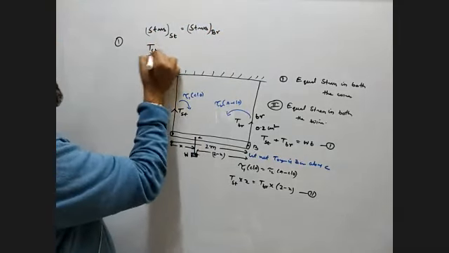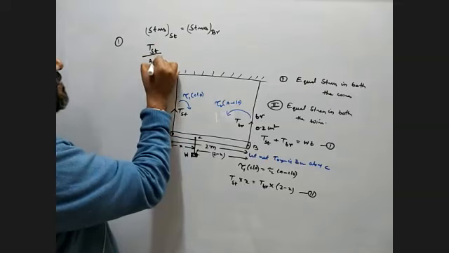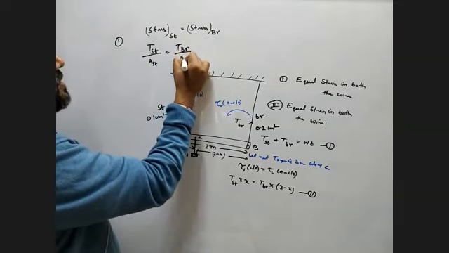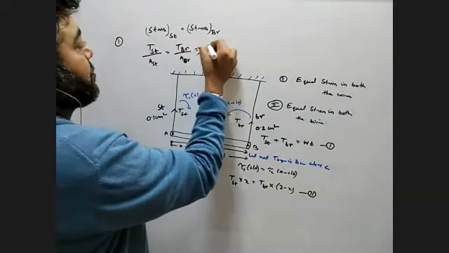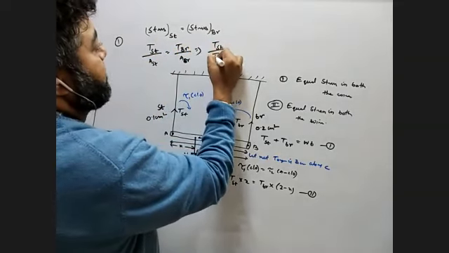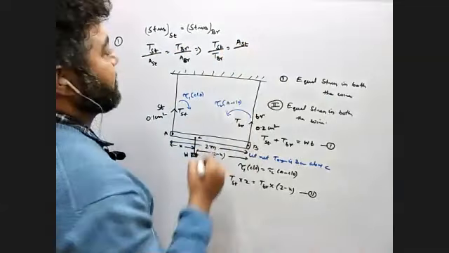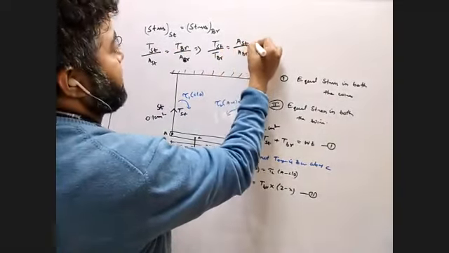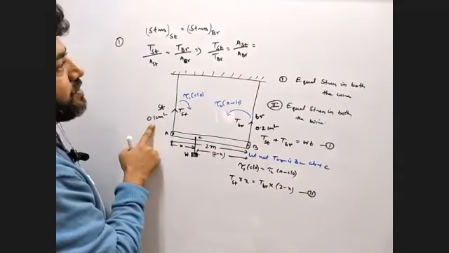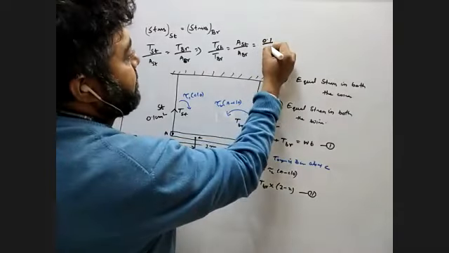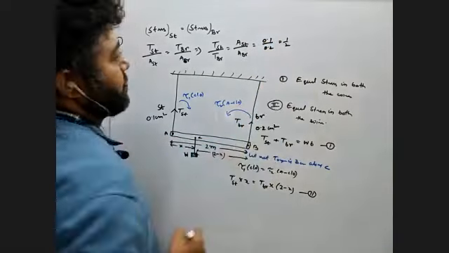Tension of steel by cross-sectional area of steel, tension of brass by cross-sectional area of brass. So tension of steel by tension of brass, that is area of steel by area of brass, which is given for steel 0.1 and for brass 0.2. So that is 1 by 2.